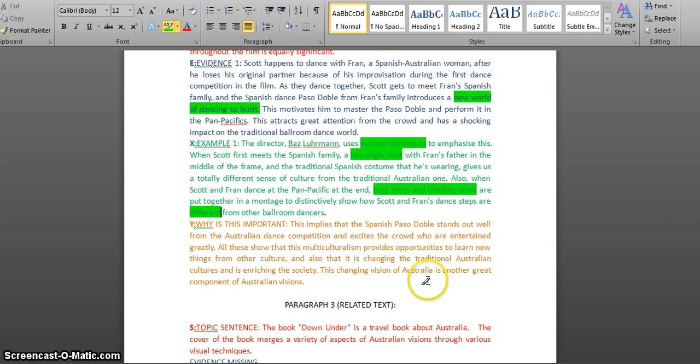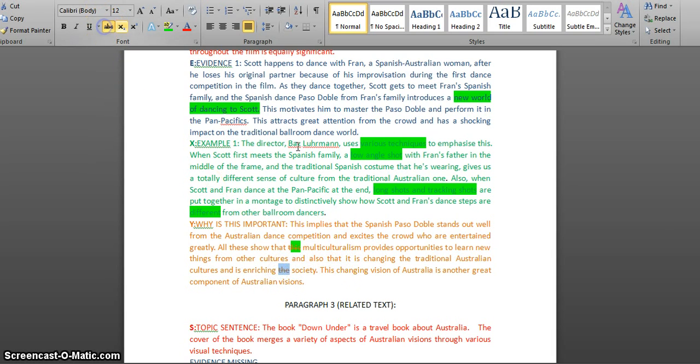Why is this important? This implies that the Spanish Paso Doble stands out well from the Australian dance competition and excites the crowd, who are entertained greatly. All these show that multiculturalism provides opportunities to learn new things from other cultures, and that it is changing the traditional Australian cultures and is enriching society.